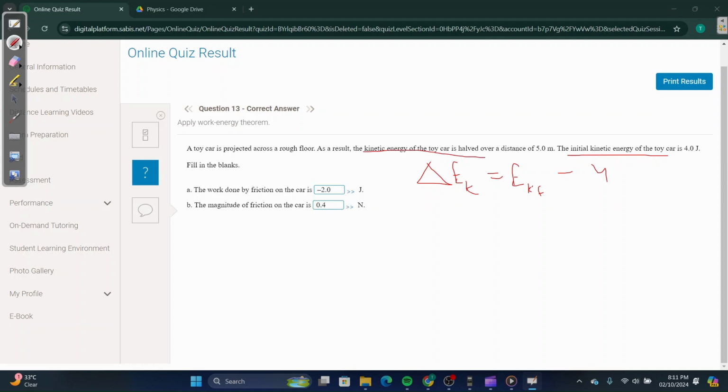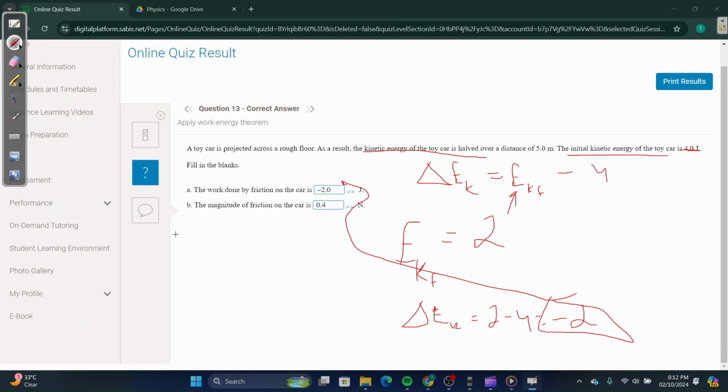EKF is half of EKI, and EKI is 4 joules, so half of 4 is 2. Substituting, delta EK equals 2 minus 4, which equals negative 2. This is the answer to part A, because delta EK equals the work.